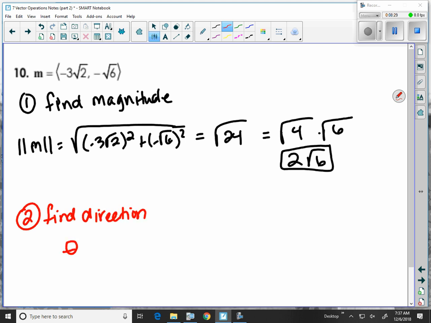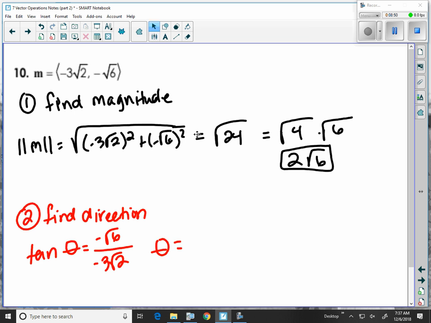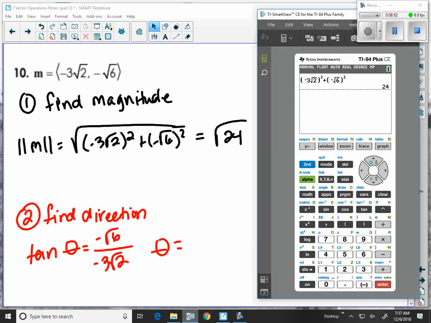Okay, so now we're going to find our direction angle. So tangent theta equals b over a, so negative square root of 6 over 3, negative 3, divided by 2. And remember when you put it in, you have to do inverse tangent. So second tangent, and you have to utilize parentheses again here.